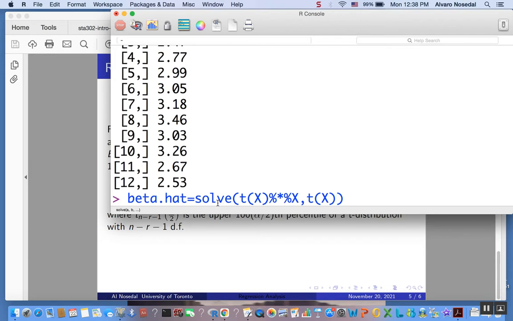So instead of finding the inverse of X transpose X and then multiplying that by X transpose Y, I'm going to be doing this: solve, transpose of X, X transpose X, and then X transpose Y. Okay.